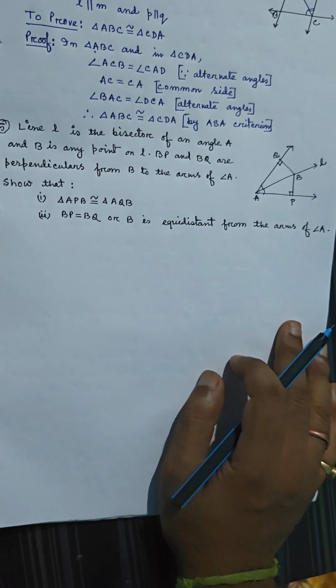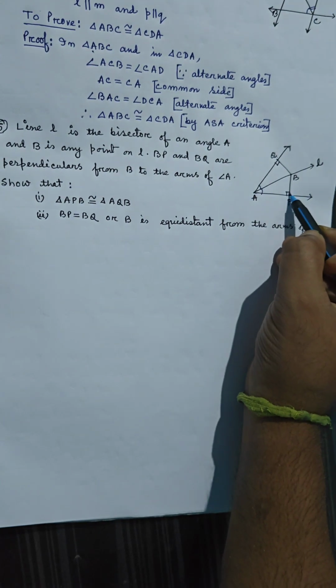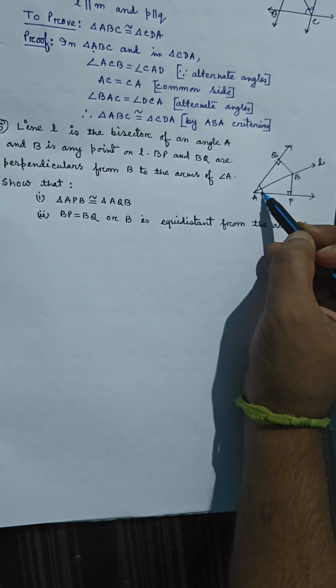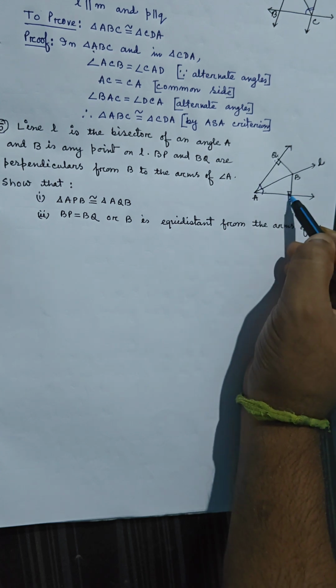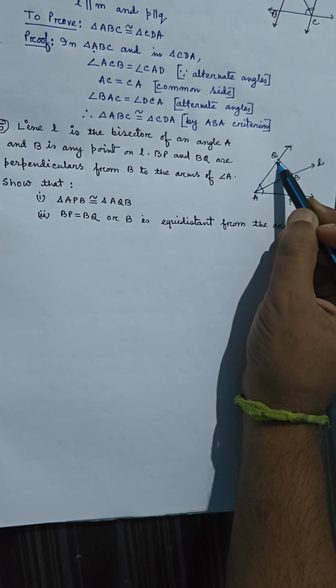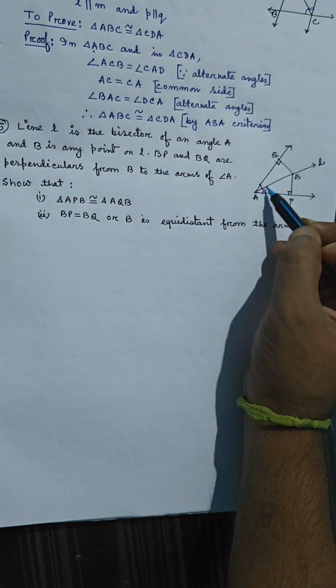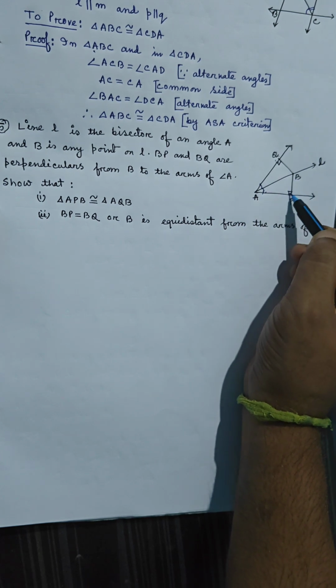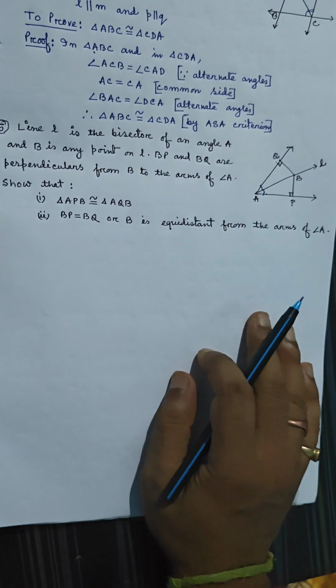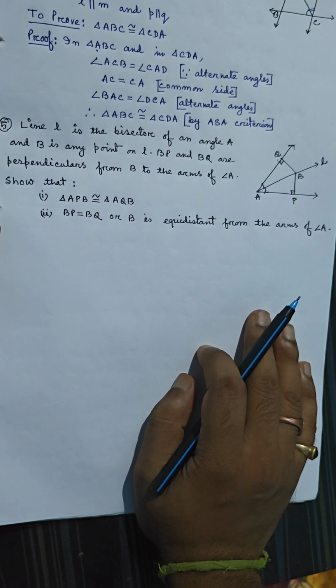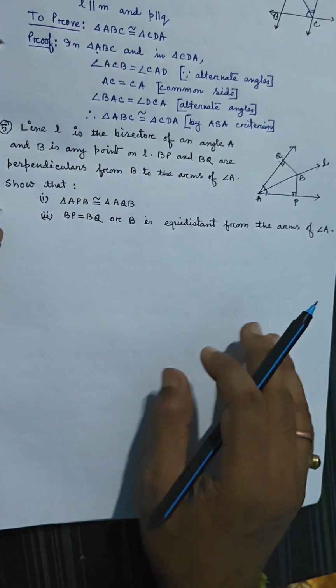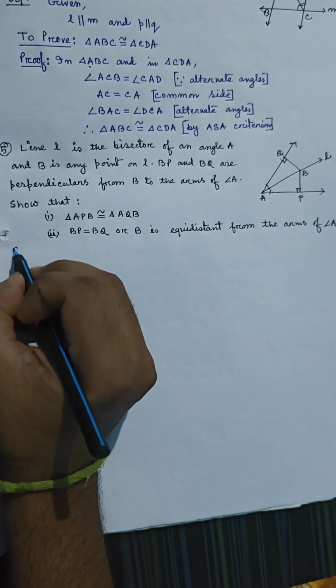How to show? See, this angle is 90 degrees, this angle is 90 degrees. These two angles are equal, and this is your common side, means AAS. So easily you can say these two triangles are congruent. So let's start.